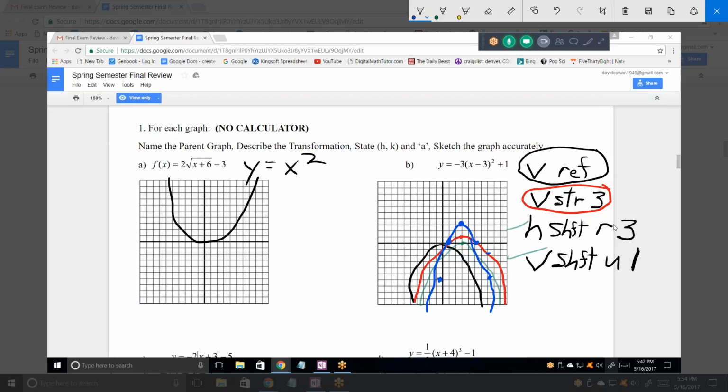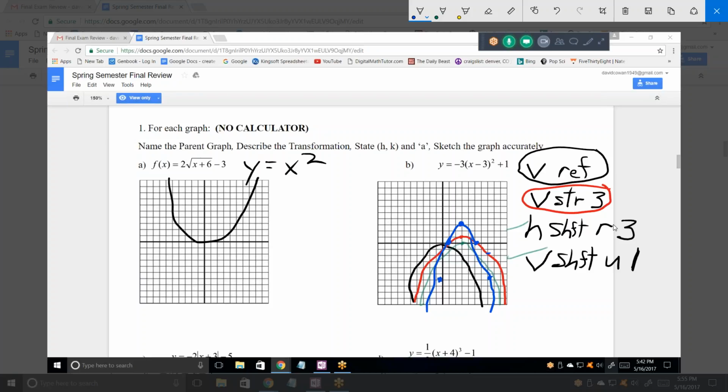Anyway, you can see that it's been vertically stretched by an attempted factor of 3. I didn't quite get the factor of 3 right. But to me, that's the way to do those, is one transformation at a time. And if you have different colors, better yet. Makes it easier to understand.